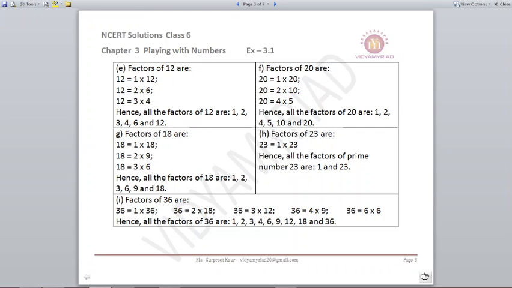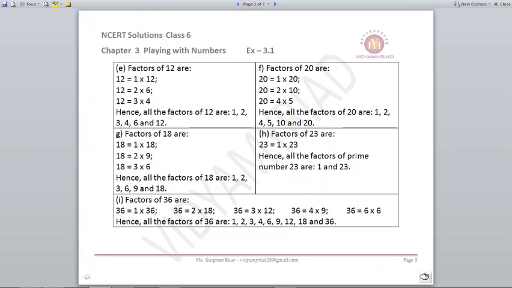So 2 18s are 36. Then it goes on 3 table also. 3 12s are 36. Next it goes on 4 also. 4 9s are 36. And 6 into 6 is also 36. So the factors of 36 are 1, 2, 3, 4, 6, 9, 12, 18 and 36.